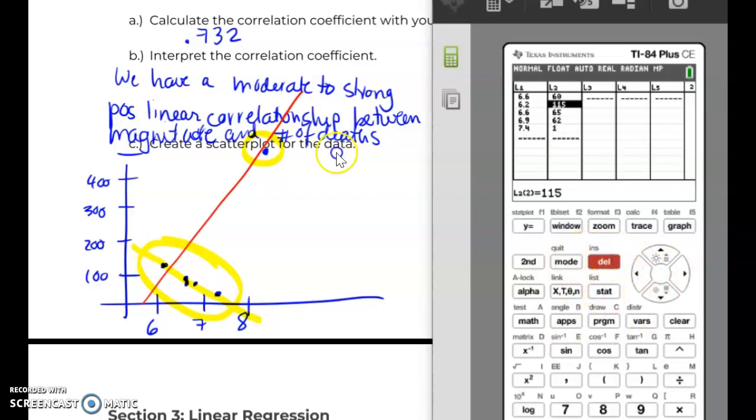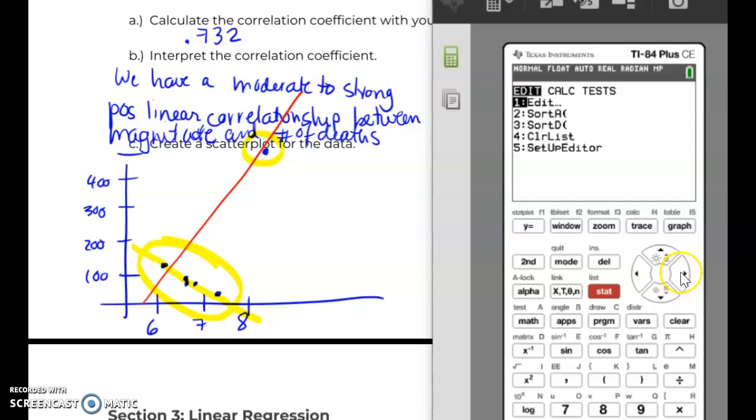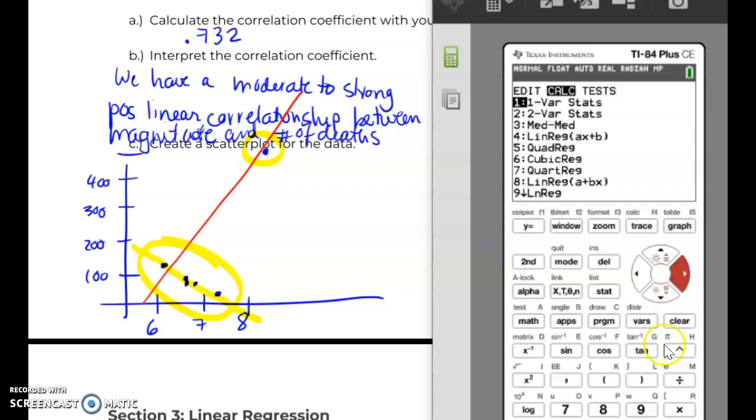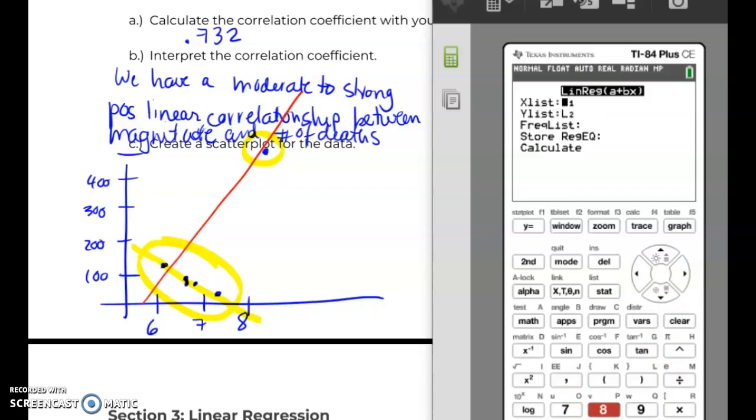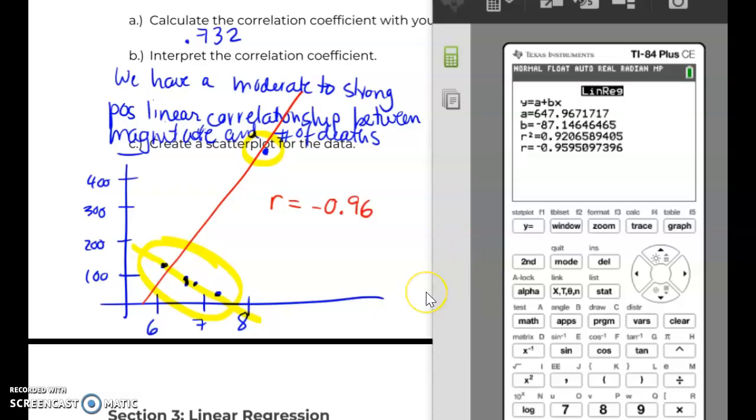So we're now going to calculate our linear correlation again. Going to option 8, and we're going to hit enter. Our correlation coefficient this time was negative 0.959, which actually gets rounded to negative 0.96.